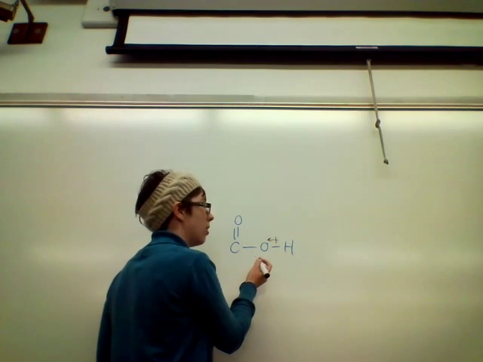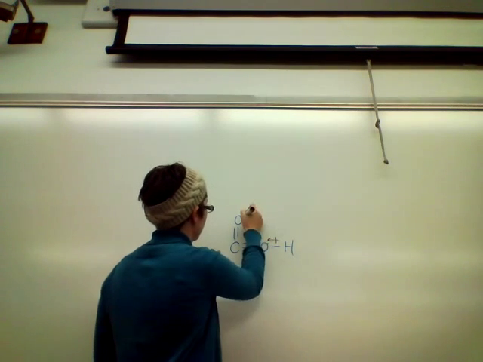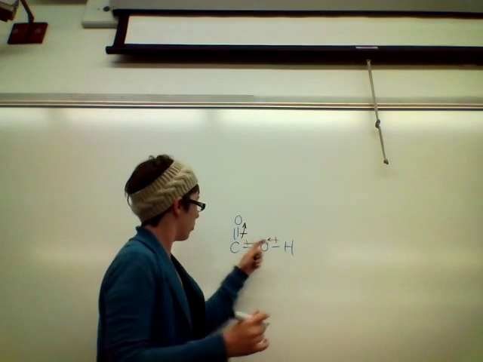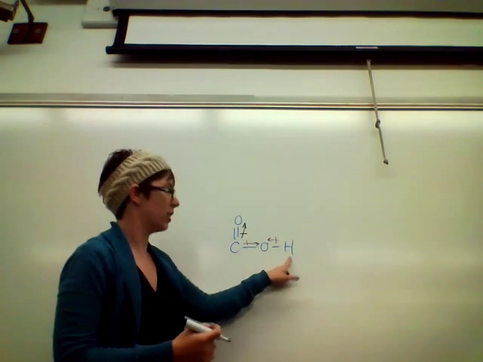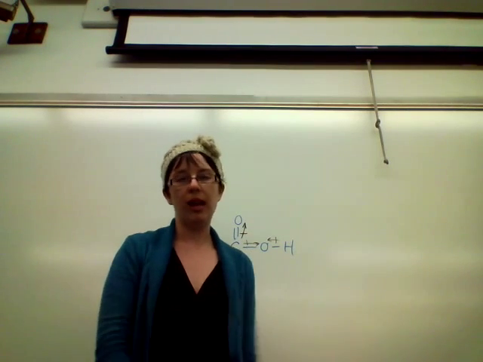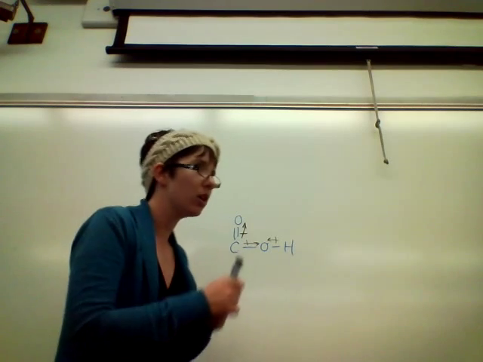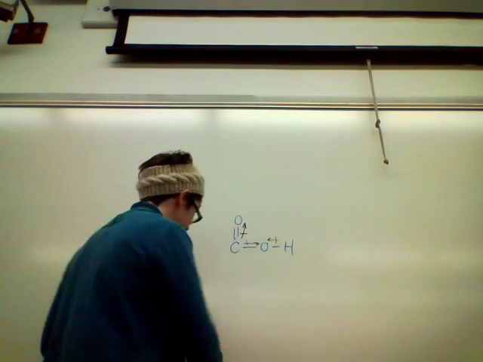The oxygen is also pulling electrons toward it from the carbon. This oxygen is pulling electrons toward it from the carbon. So there's a lot of pulling. And all the pulling means the hydrogen can be easily plucked off and become an H+ and go off and be someone else's problem. So that's why this is an acid and not a base.